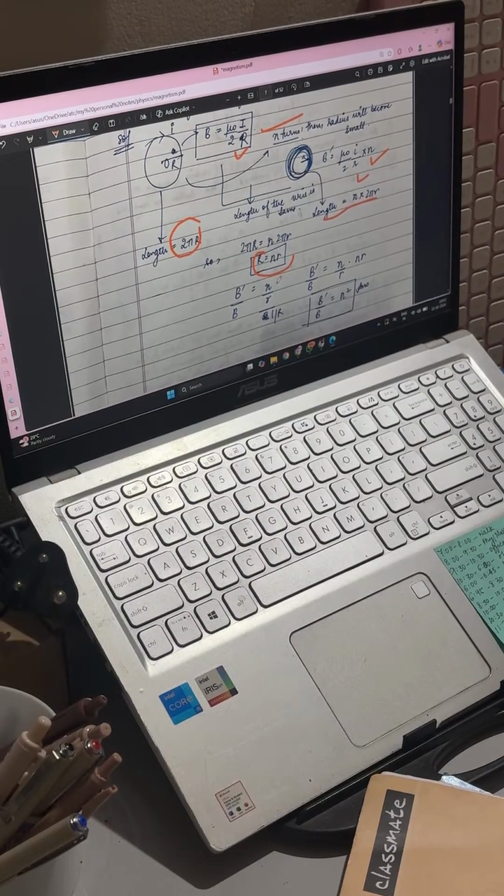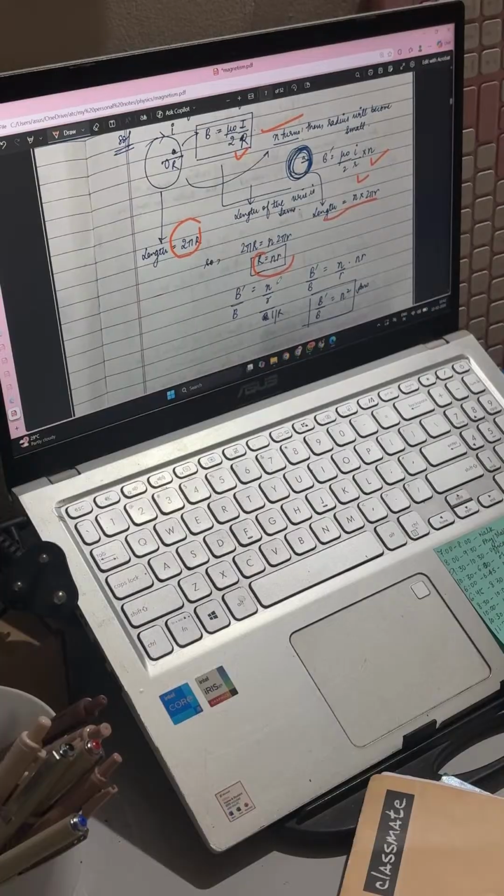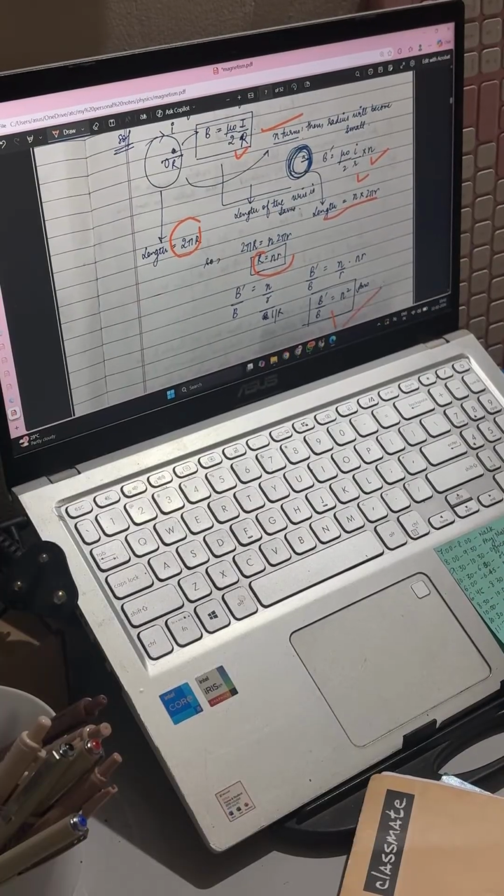So already n upon R, so n square R and n square. So that's how you get n square.